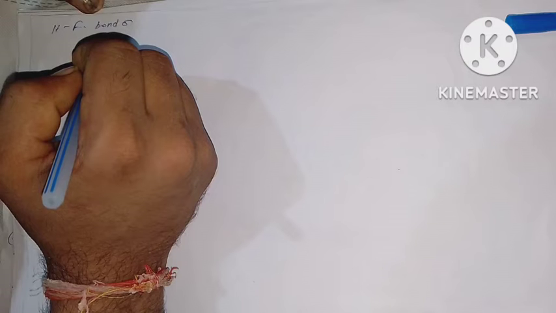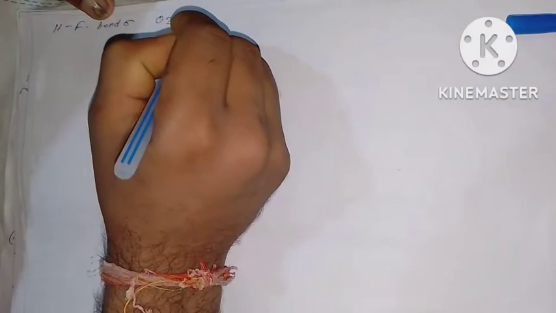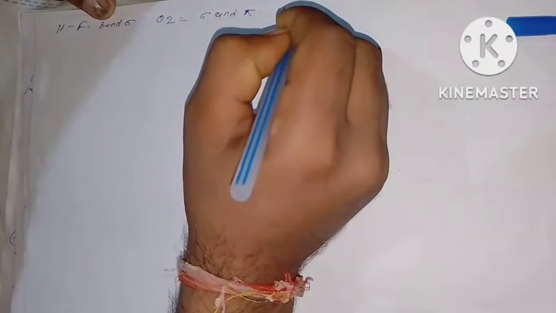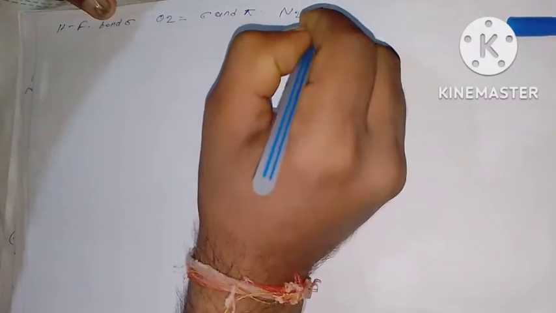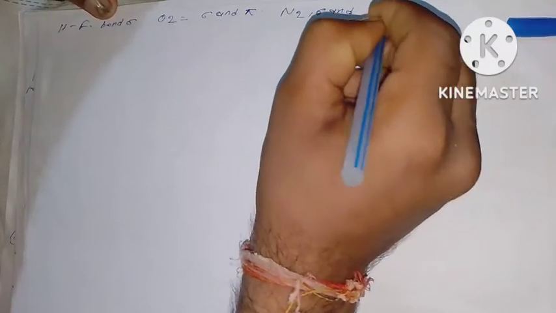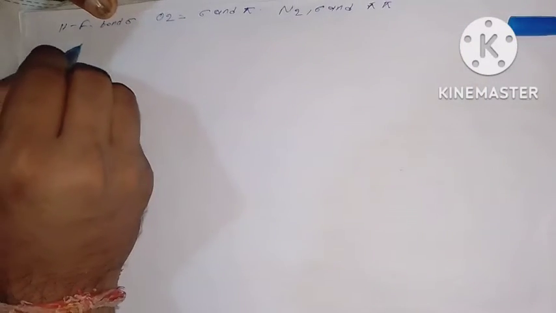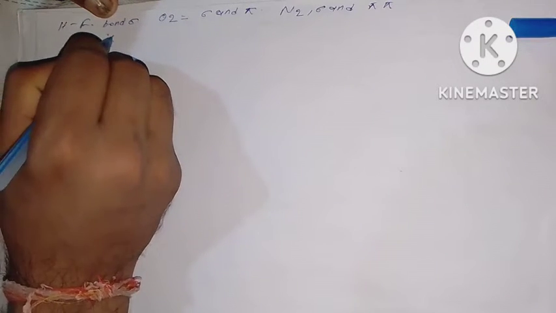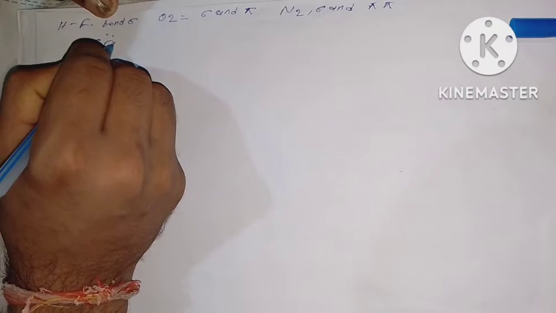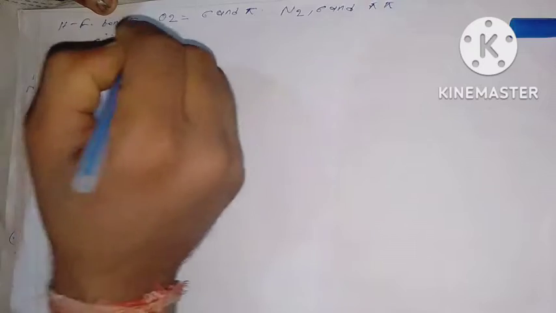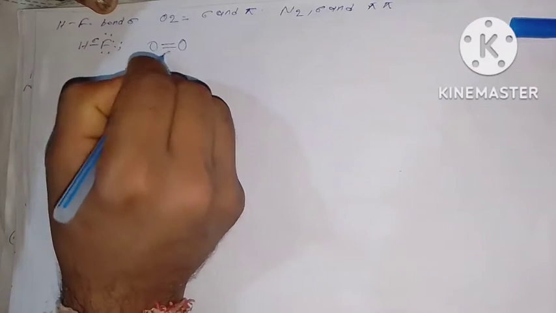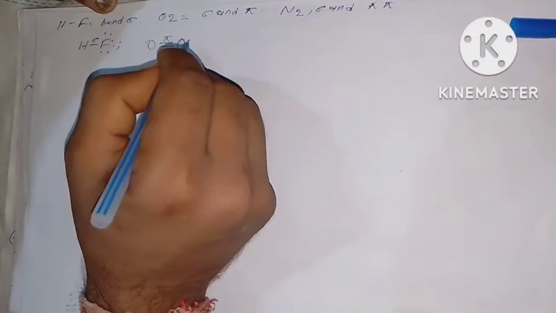In oxygen, there is one sigma bond and one pi bond.